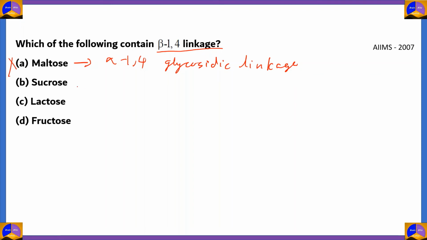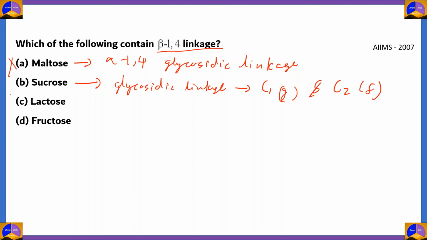What about option B, sucrose? Sucrose again has a glycosidic linkage between the first carbon of glucose and the second carbon of fructose. So option B is incorrect. What about option C, lactose?